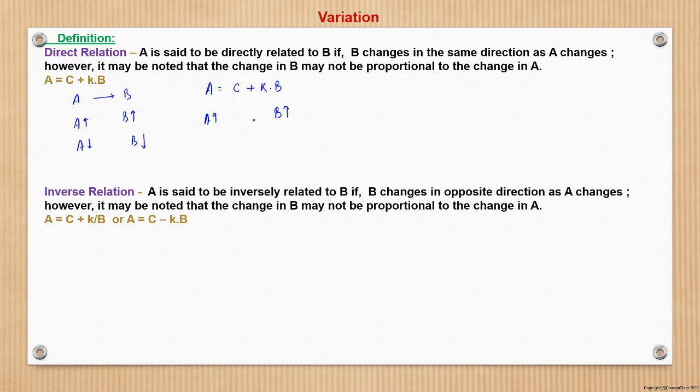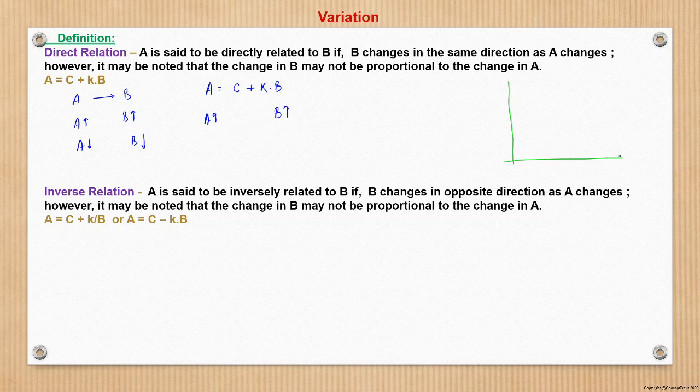If B increases, A will increase. However, if B becomes 2B, A will not be 2A; A will be different. For that reason, it is a case of direct relation. So this is the general form of the equation here: A is equal to C plus KB.